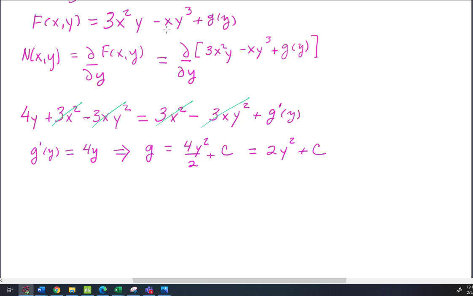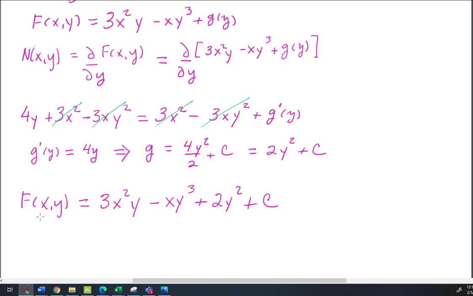We knew f up to g, and now we've discovered what g is using N and the relationship between N and f. And so finally I can write f of x, y is equal to 3x squared y minus x y cubed plus 2y squared plus c.